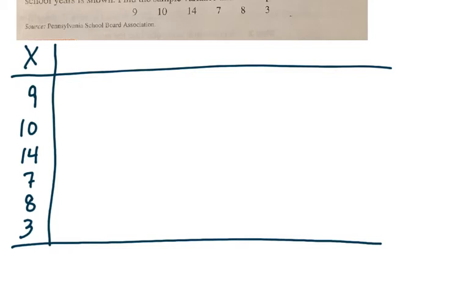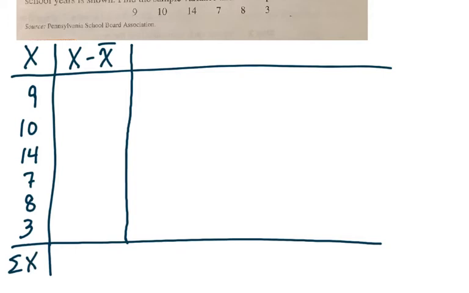The next thing that we have to do is compute the average so that we can take the data value minus whatever that average is. In order to get the average, let's take the sum of the x values for a sample. So let's find that sum. All right, the sum works out to be 51.